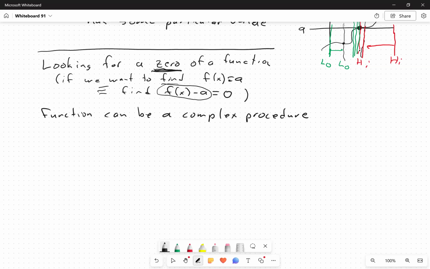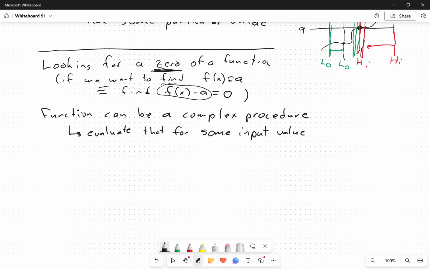So I'm going to give you a couple of examples here in a minute of how this works and what it would look like so that you can picture how this concept gets used more generally. But that's what makes this different from just searching on an array. We've got some complex procedure, and what we need to be able to do is evaluate that for some input value.